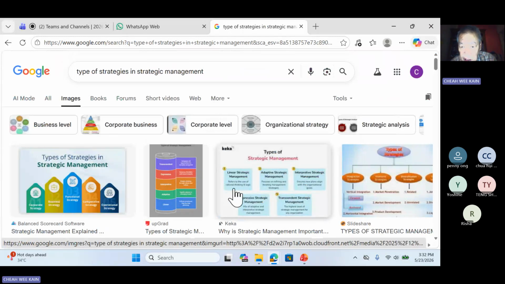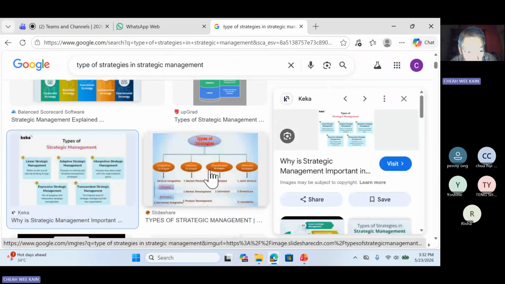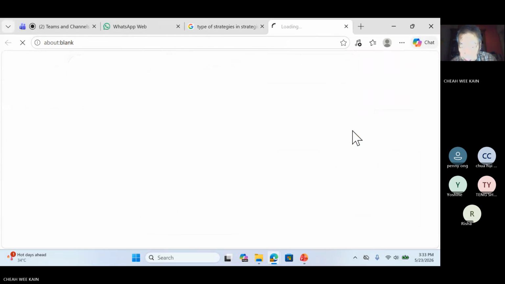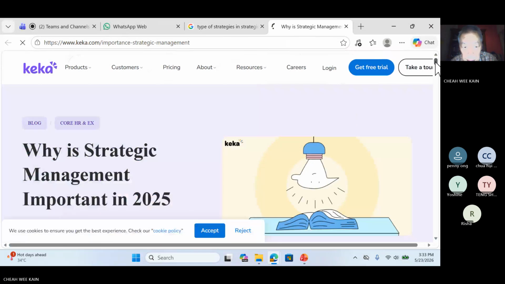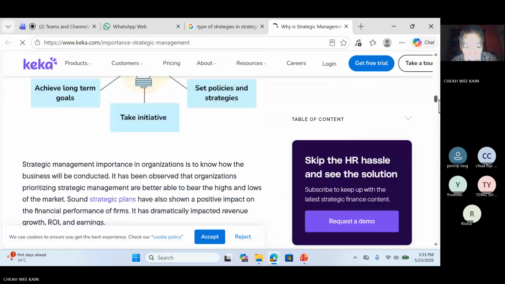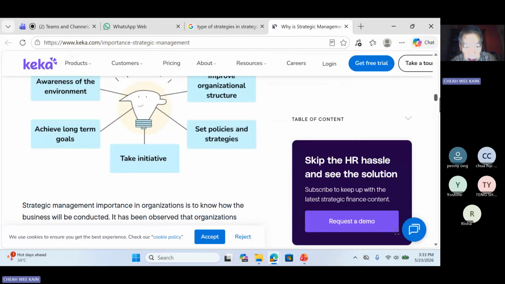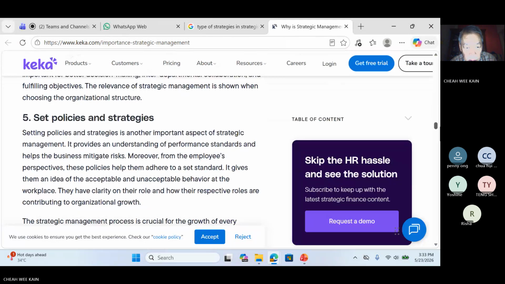So can you see you have a linear strategy? Okay, type of strategy. Let's click inside it. Awareness, achieve long term, improve, set policy, take initiative. Okay, that one normal, no big deal.